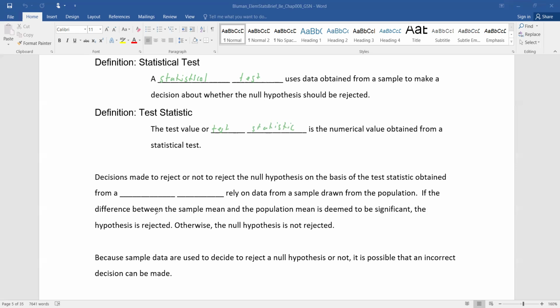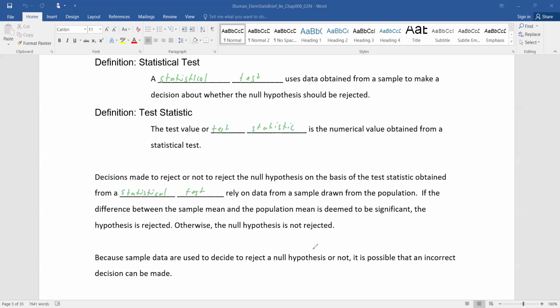Decisions to reject or not to reject the null hypothesis on the basis of the test statistic obtained from a statistical test rely on data from a sample drawn from the population. If the difference between the sample mean and the population mean is deemed to be significant, the hypothesis is rejected. Otherwise, we just say the null hypothesis is not rejected.